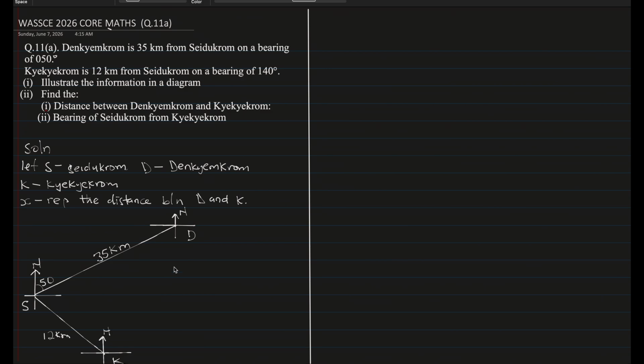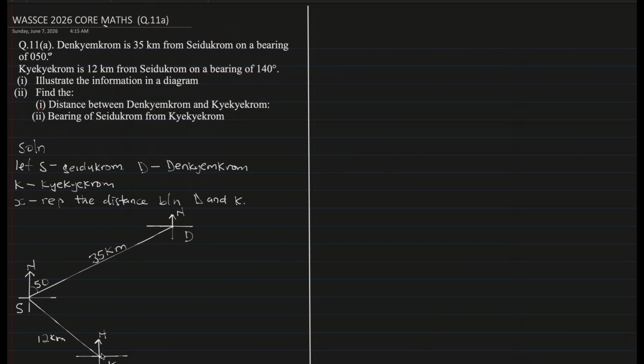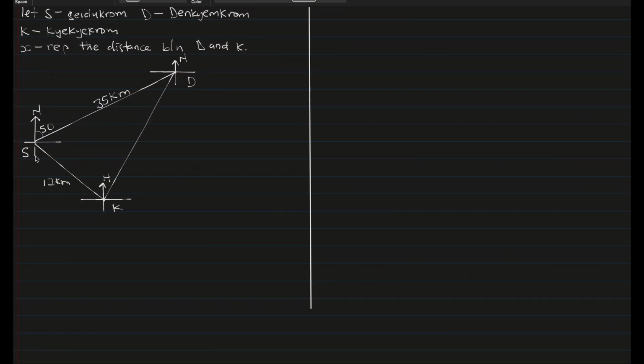What we have to do is connect the distance between Denchem Krum and Cheche Krum to make a triangle. So let's do the connection, connecting these three towns to form a triangle. Now let's come back to Sedu Krum. Look at it. We turned 50 degrees facing north to this side.